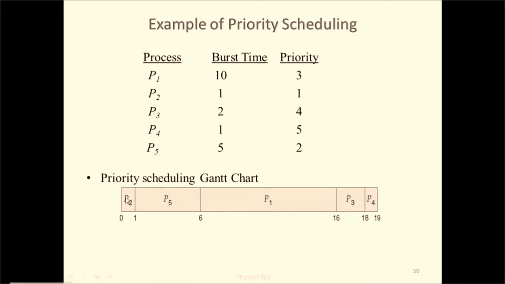So accordingly you find that P2 is scheduled first, then P5 with 2, then P1 with 3, then P3 with 4, and then P4 with 5. This 1, 2, 3, 4, 5 is the priority level. However, whenever a process gets access to the CPU, it uses the CPU for its burst time.